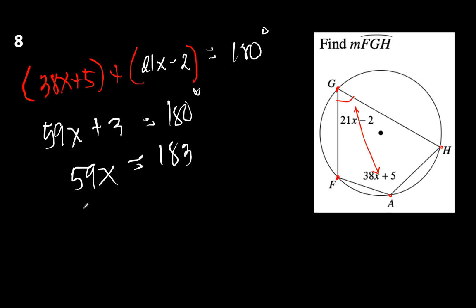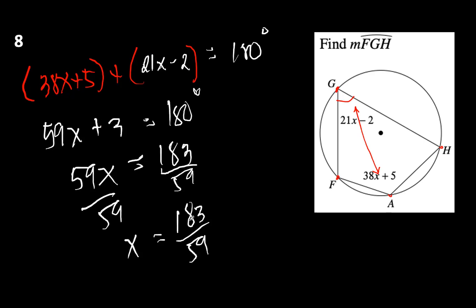So divide by 59, divide by 59, and x is equal to what? 59 is prime, right? And this is 183 over 59. All right, so let's try simplifying that number.